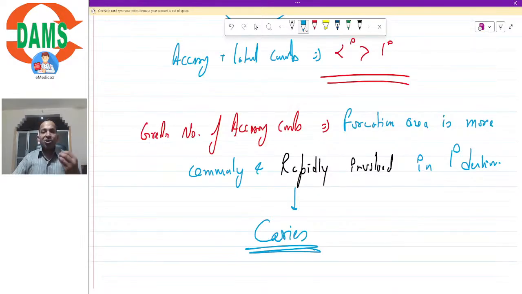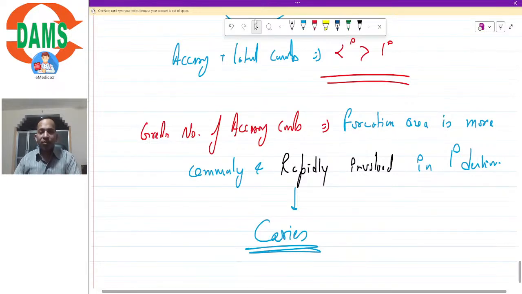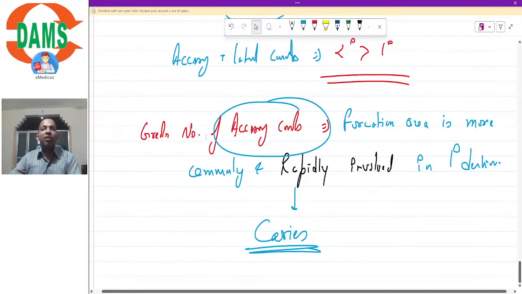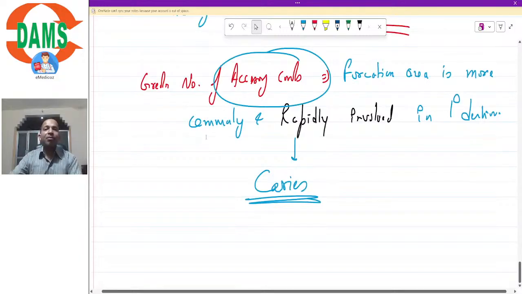So when the caries reach the pulp, as compared to the permanent dentition, in primary dentition the furcation is more readily involved, right? Because of these accessory canals. So furcation is more commonly involved in primary dentition as compared to the permanent dentition, and all thanks to these accessory canals.